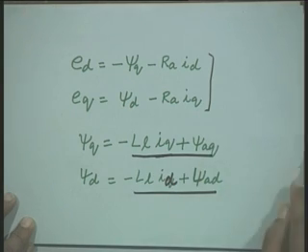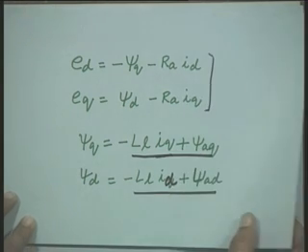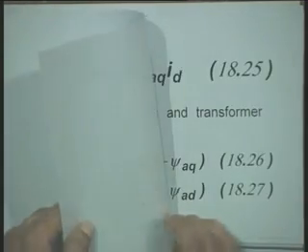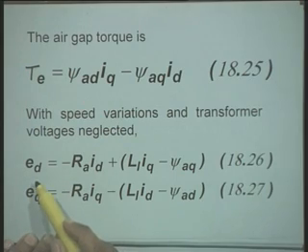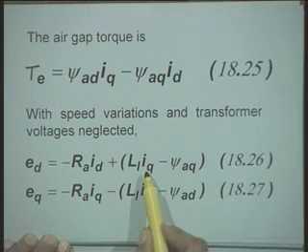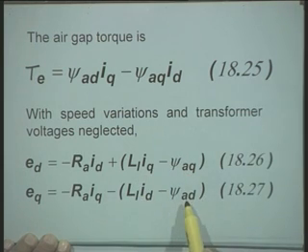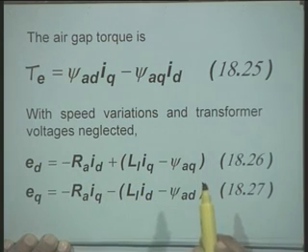So, E D and E Q are written in terms of psi a d and psi a q. Therefore, the direct axis and quadrature axis component of the stator voltage is now written in terms of the currents and these intermediate variables. R A, L L, these are the synchronous machine constants.